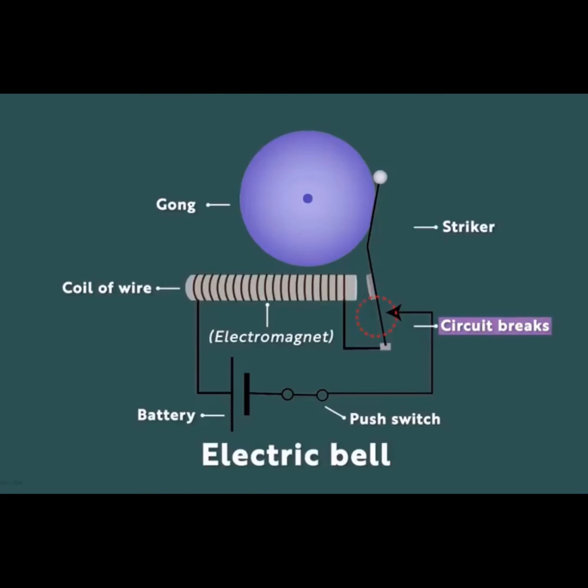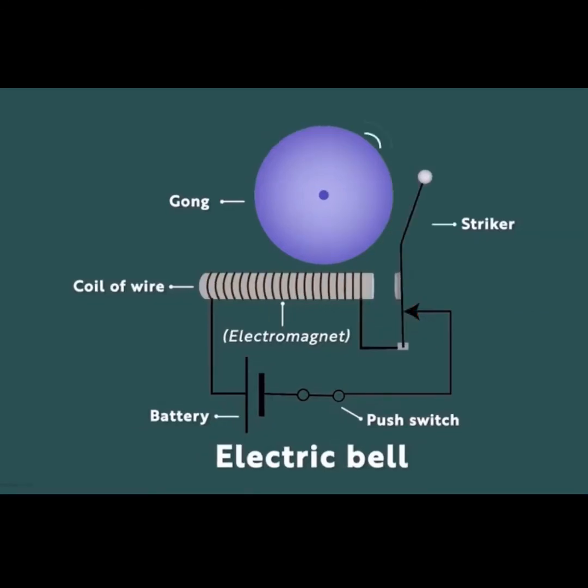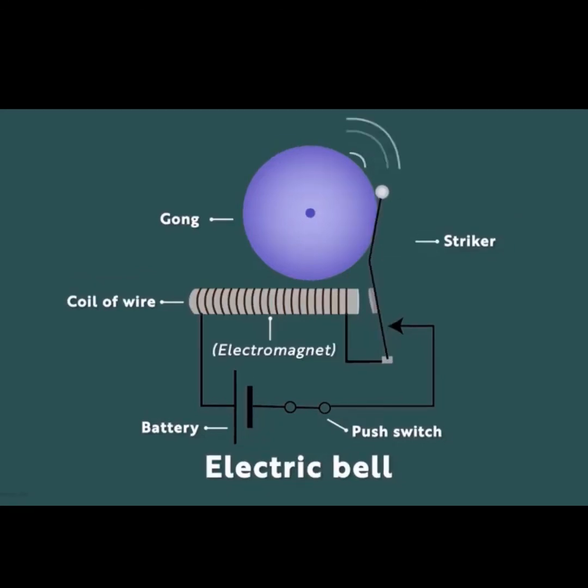Then the circuit breaks and the electromagnet is demagnetized, so the soft iron goes away from the electromagnet and the striker also goes away from the gong. And then the current again passes through the electromagnet, which attracts the soft iron and the striker back again to the gong, and so on.